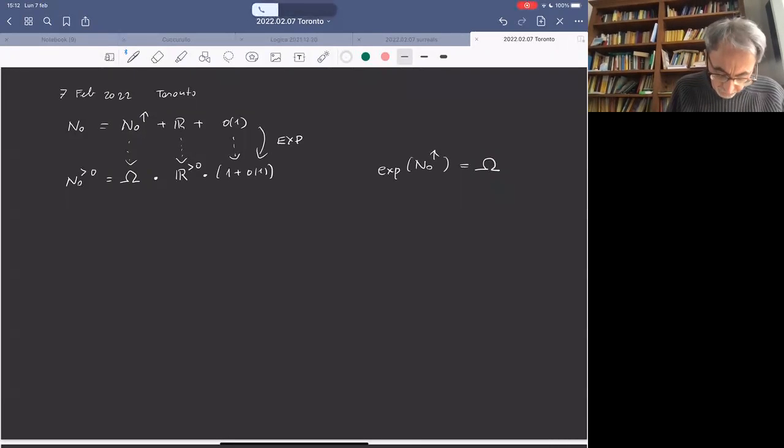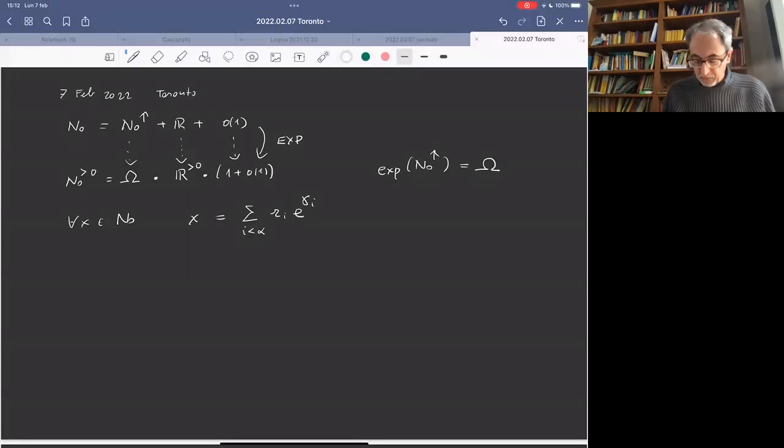And therefore, every x can be written, we know, in exponential normal form, in which all the gamma i's, the exponents, are purely infinite, and e to the gamma i is a monomial, and these are decreasing.